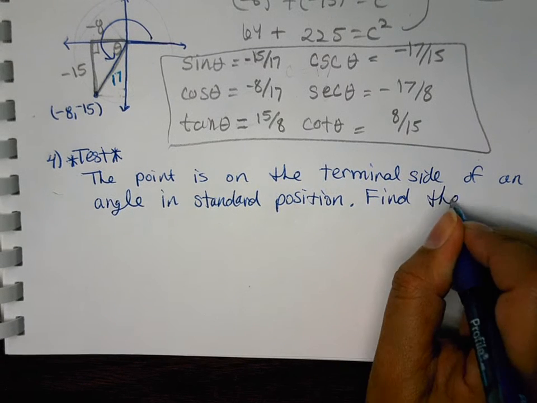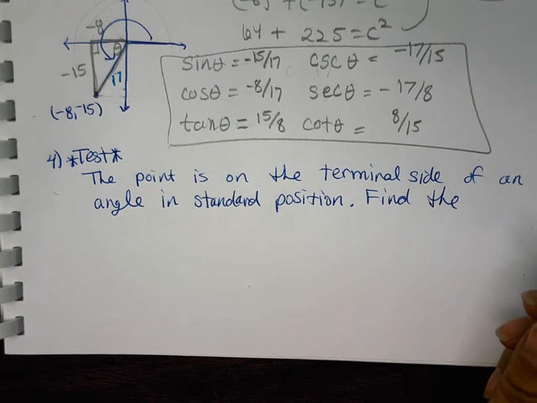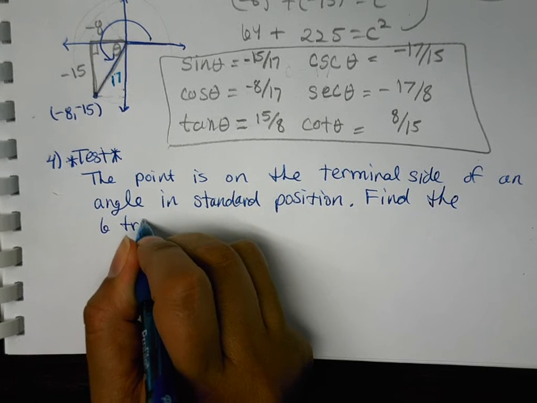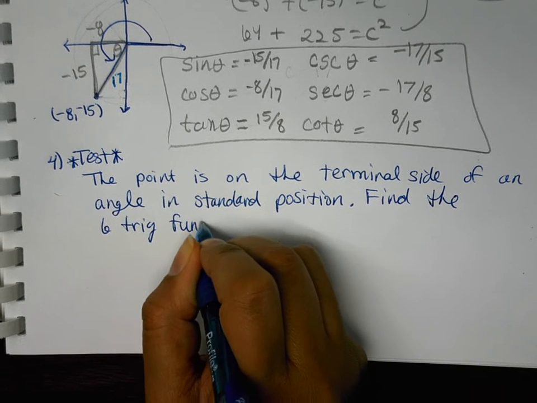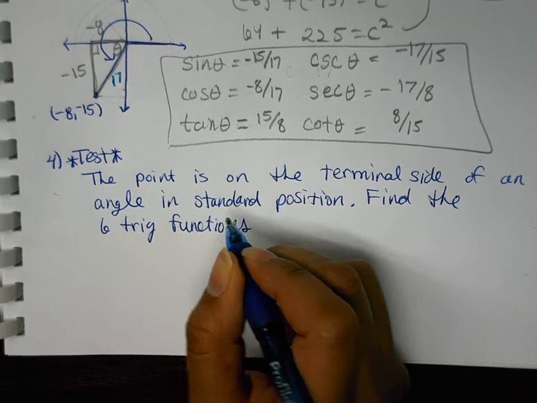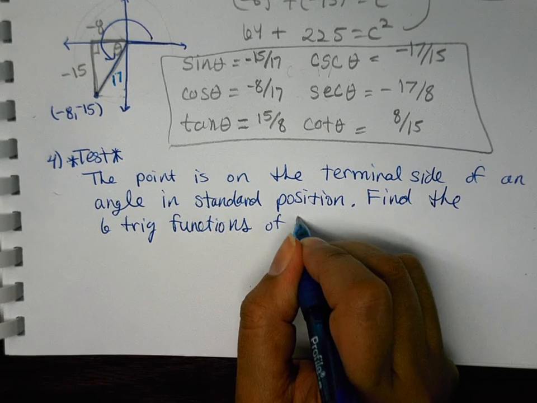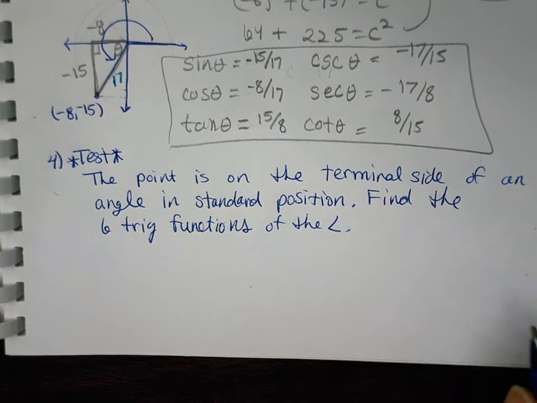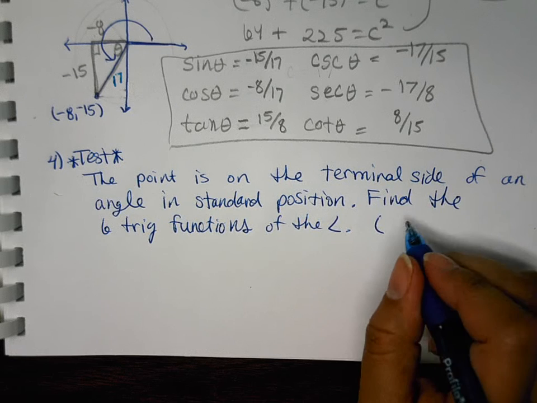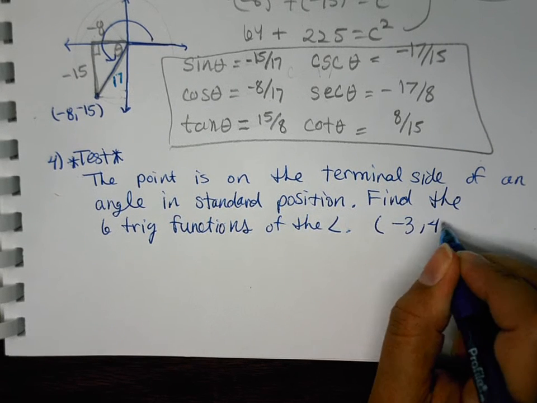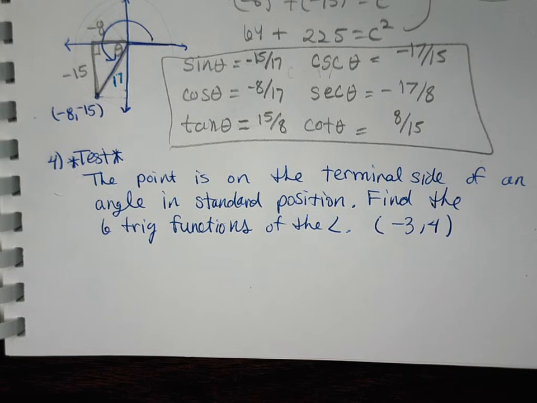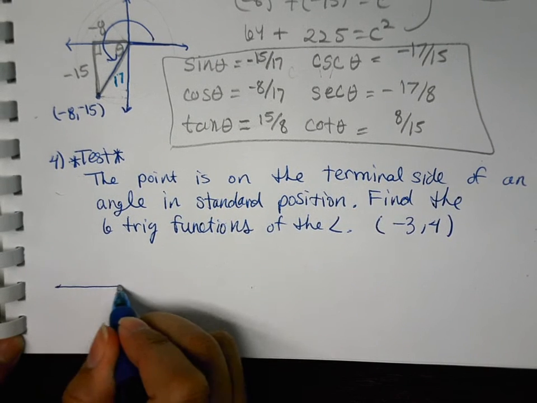Find the six trig functions of the angle. And I'm going to give you the ordered pair: -3, 4. Okay. And then they give you this, and then kids, I'm not sure, they just do some wonky things.